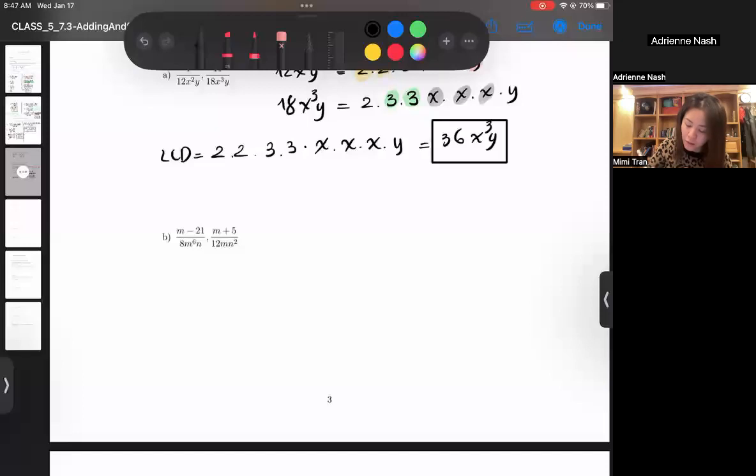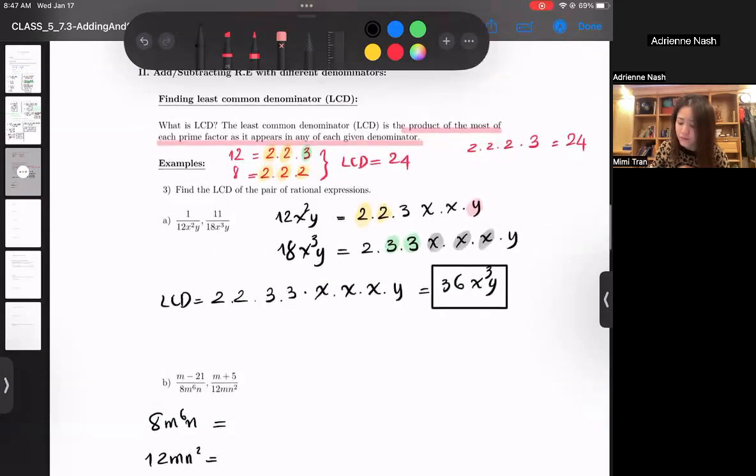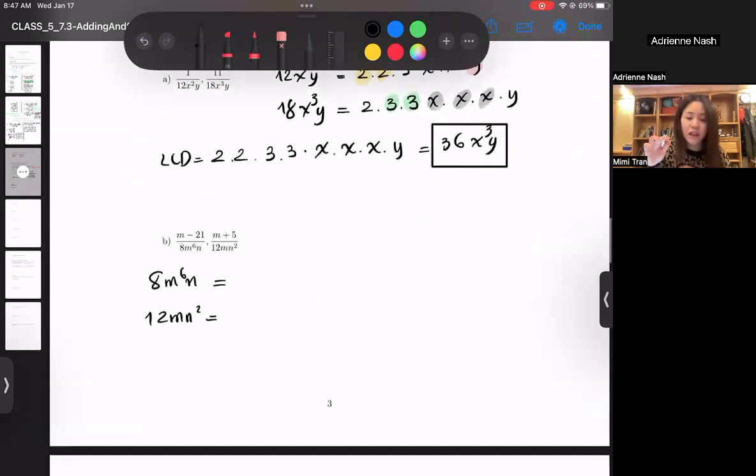All right, maybe one more example, for those of you who did not get it. I have 8m to the 6n, and then here 12mn squared. Again, if you're good, you can just do things in your head or with your calculator. 8 and 12, I think we already did it up here. 24, right? But I'm going to do it again.